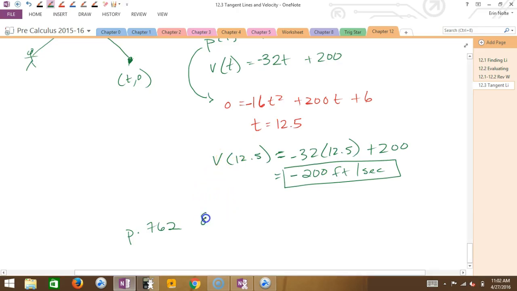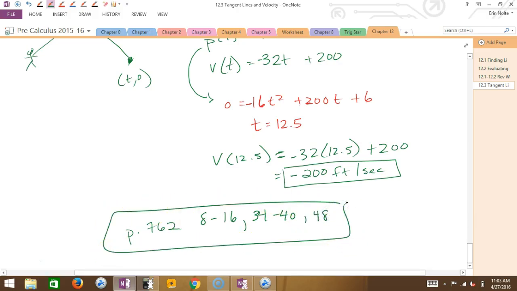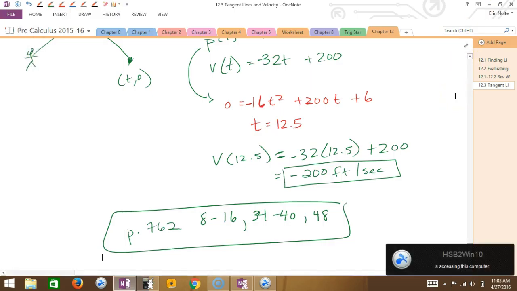Okay, I'm going to have you go 8 through 16, 34 through 40, and I'm writing this down, so I'll put it back up there. Let's do one word problem. That looks cool. So yeah, and 48. Okay, so those are the problems that I want you guys to do.